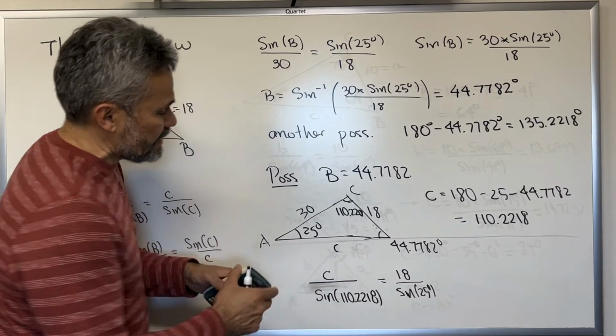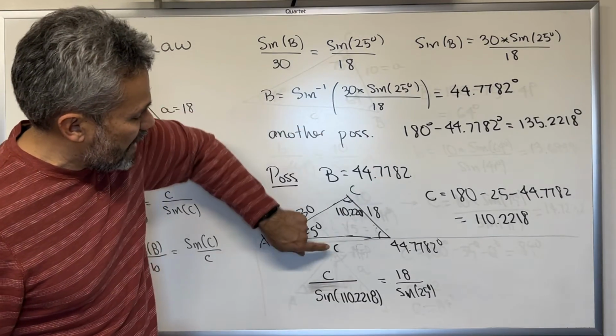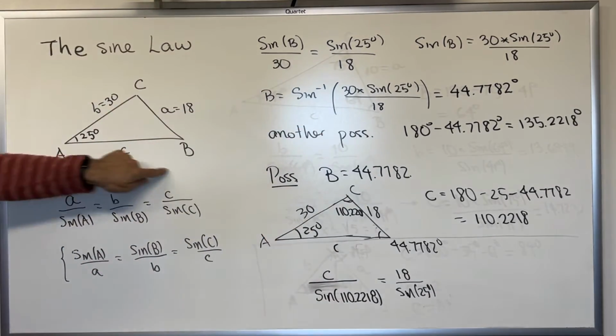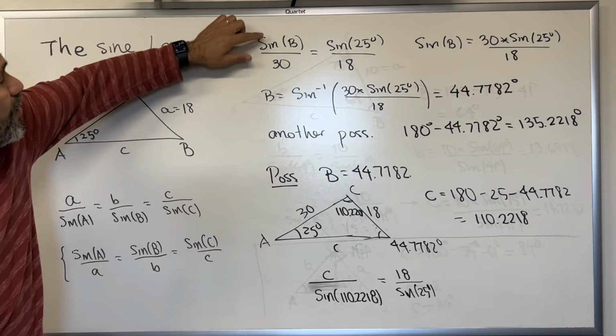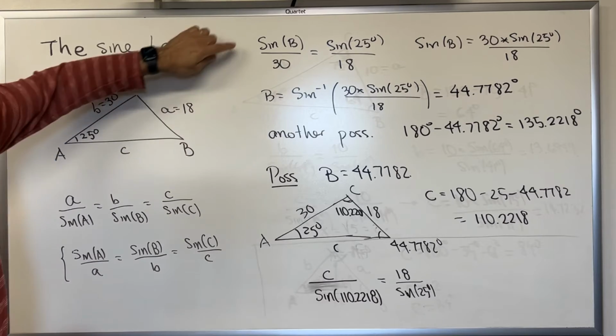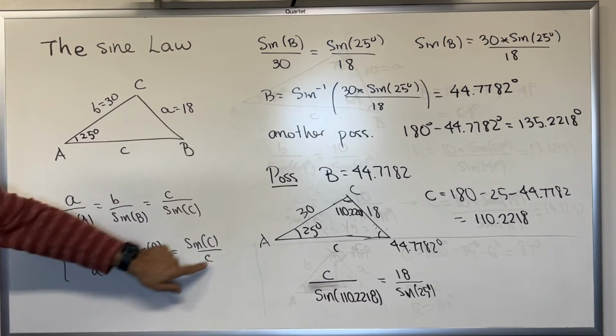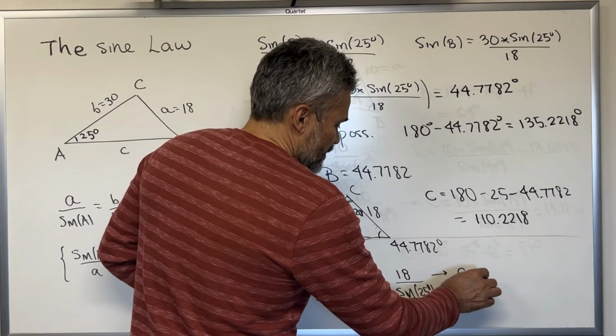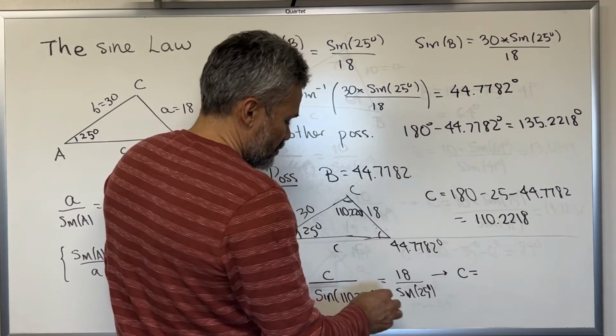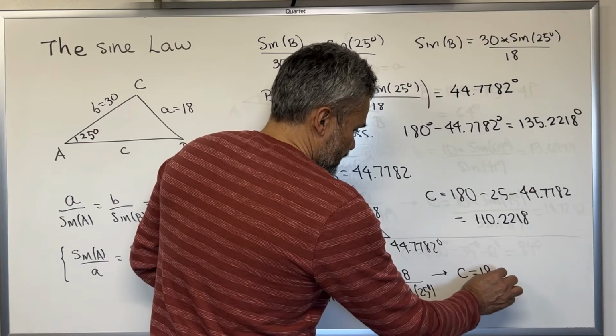Notice that in this case, since we want to compute a side, we use this version of the sine law. When we started, we wanted to compute angle B, and for that reason, we used this version of the sine law.